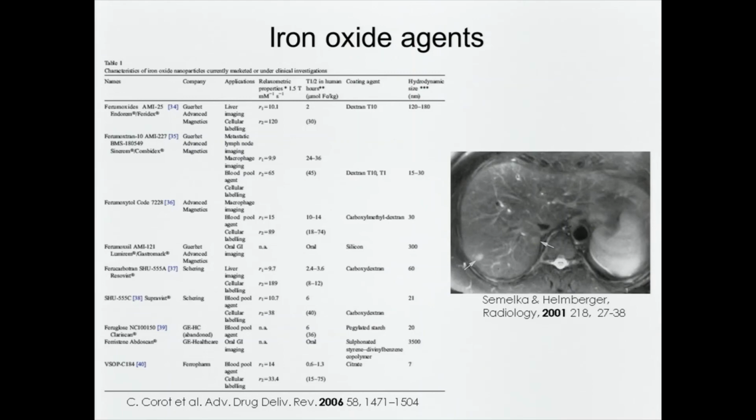Virtually all of them have dextran, carboxydextran, or some other kind of polymer such as PEGylated starch as the coating material. And this is an image of one of these agents being used in humans, where the agent darkens the normal liver tissue, and in this particular case is not taken up by the tumor tissue, so that shows up as being bright on these MR images, allowing diagnosis of cancer.